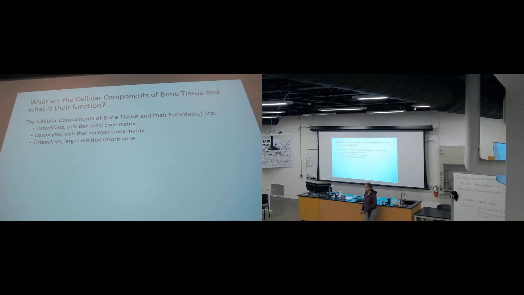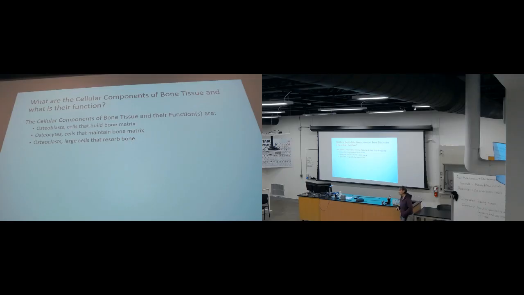So microscopic components of the bone tissue. So we have cells that are immature, that are called osteoblasts. They build the bone matrix. We have mature cells that are called osteocytes that maintain the bone matrix.